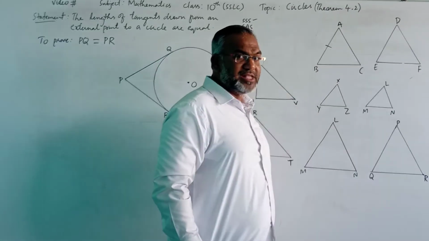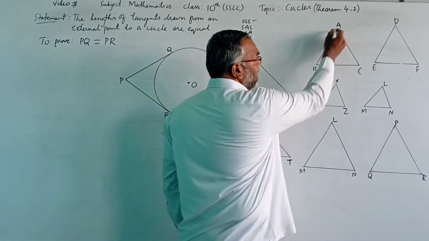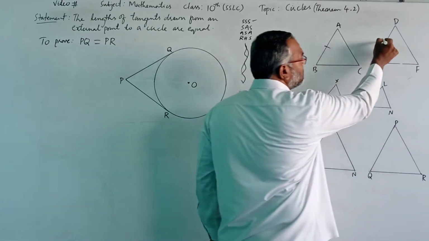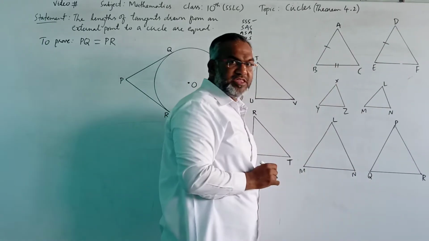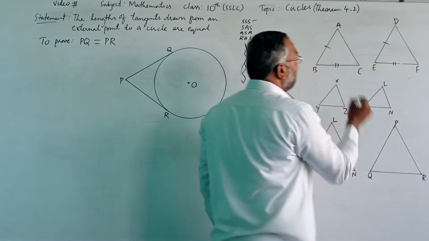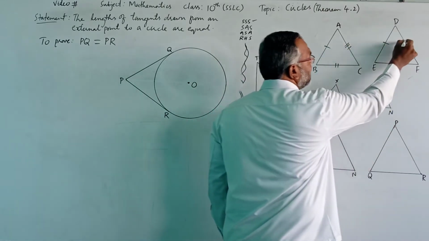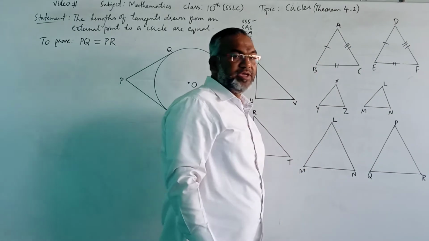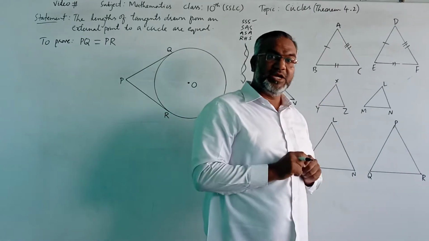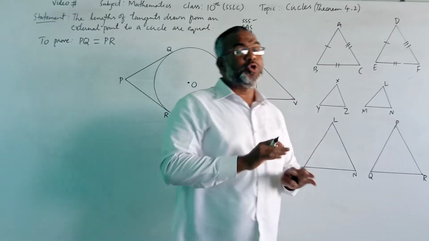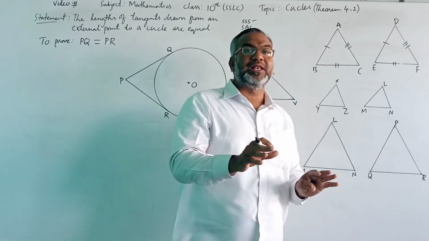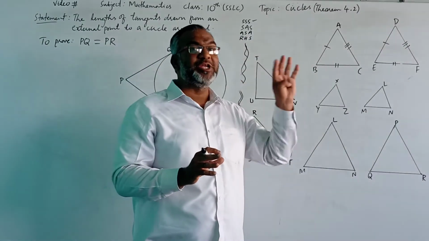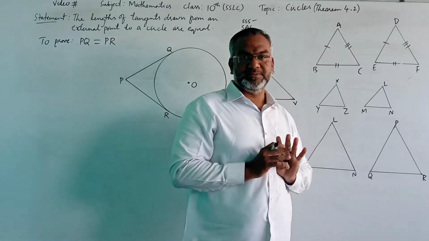In these two triangles, if side AB is equal to DE in length and BC is equal to EF and AC is equal to DF, if their corresponding sides are equal in length, then there is no need to see the angles. Angles will be definitely equal and these two triangles will be definitely congruent.